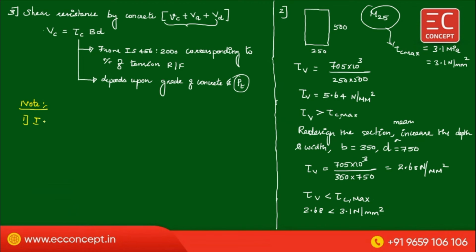If tau V is less than or equal to tau C divided by 2, then no shear reinforcement is required in members of minor importance.